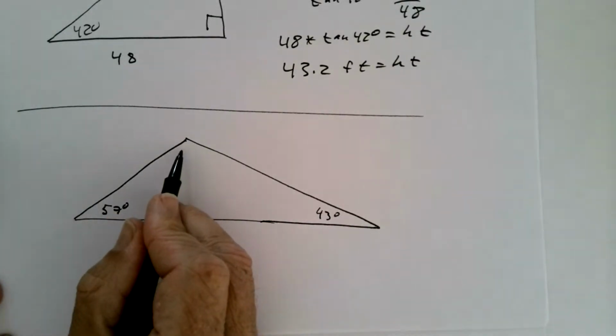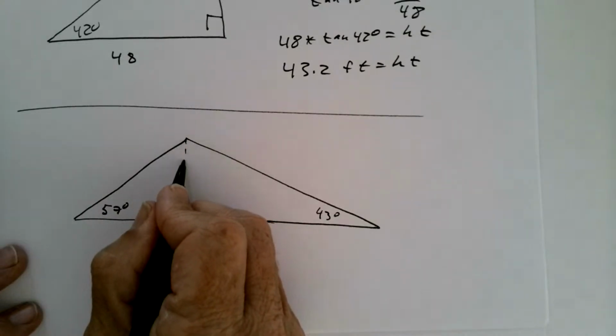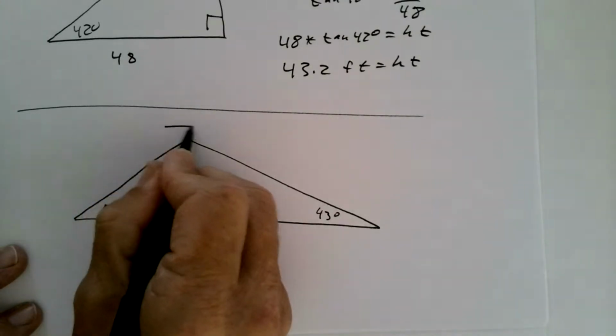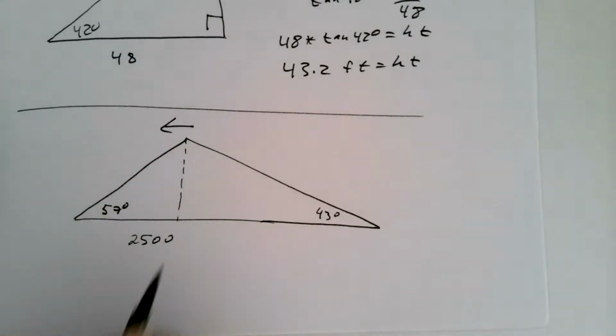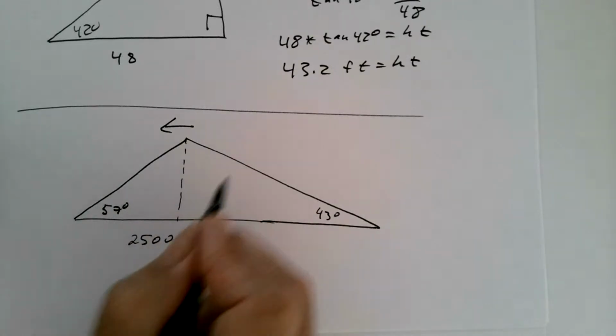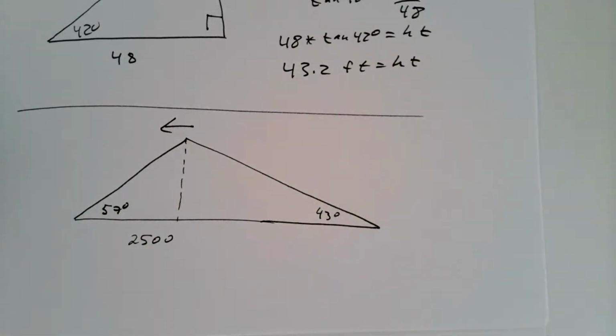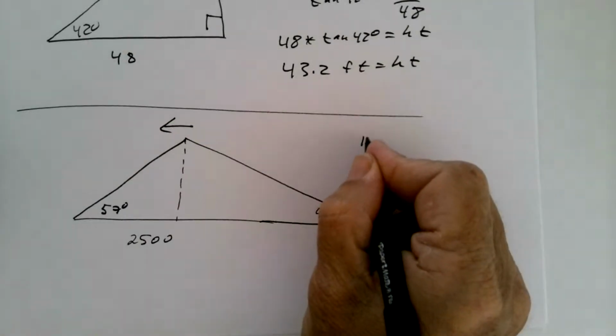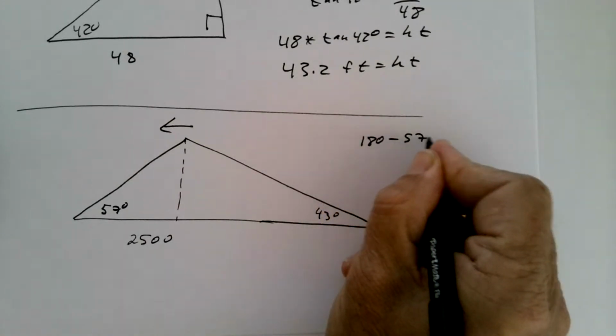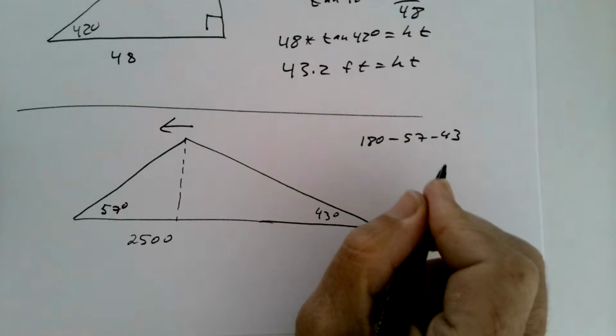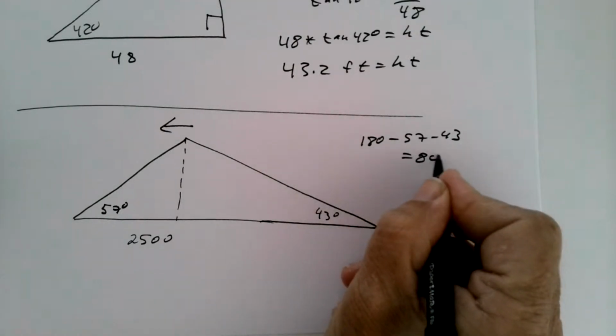The first thing I need is that angle. So yes, I need the height of the airplane, fine. Heading that way. But I need this angle. We know the three angles add up to 180. So if we take 180 minus 57 minus 43, that other angle has a measure of 80 degrees.